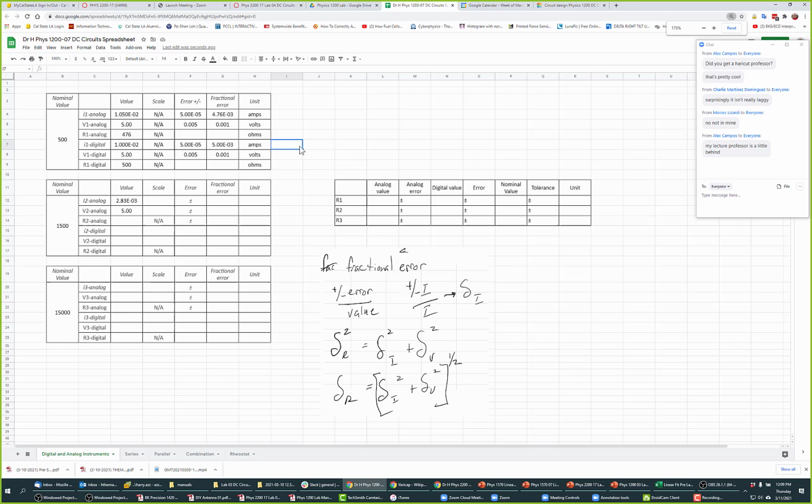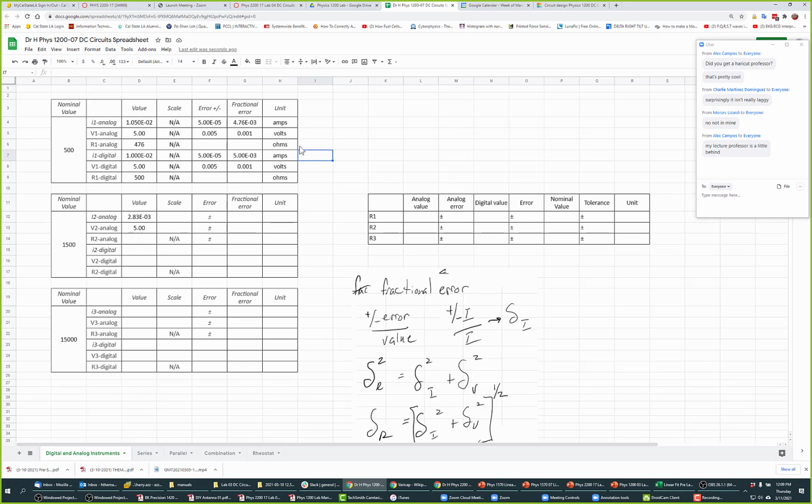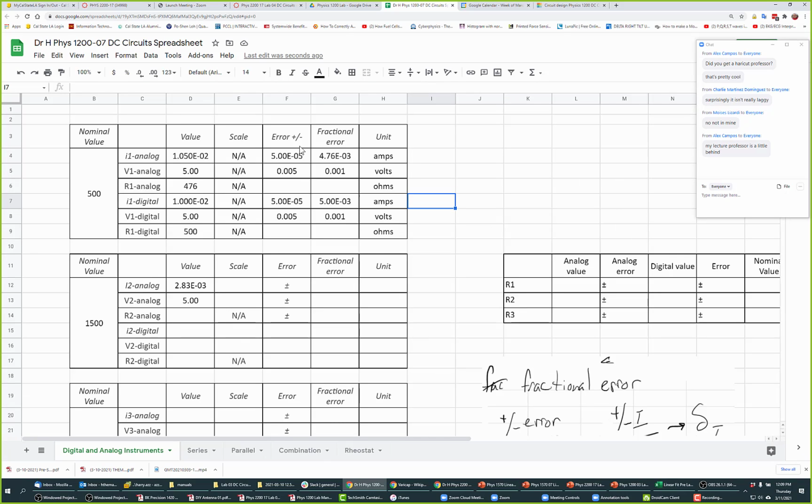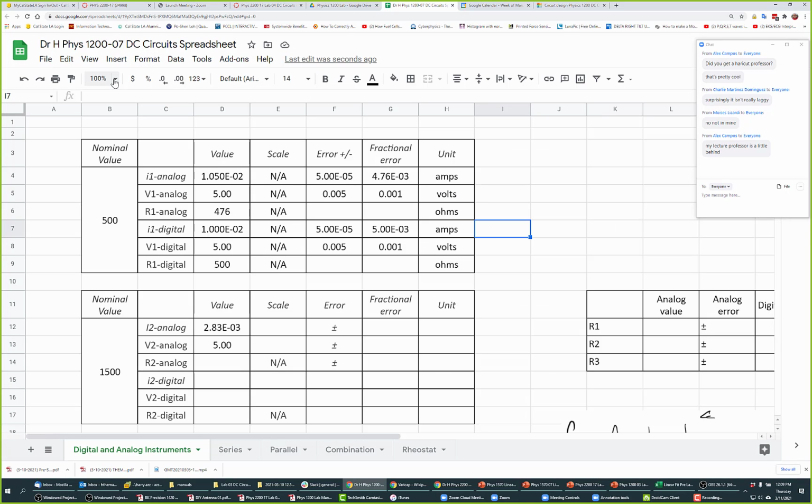I have a wheel on my pad that's... oh, there's a lag too. Uh-oh. Wait a minute.